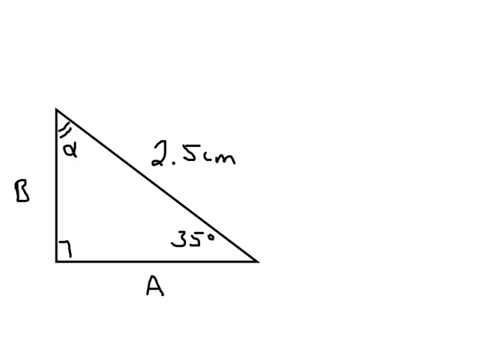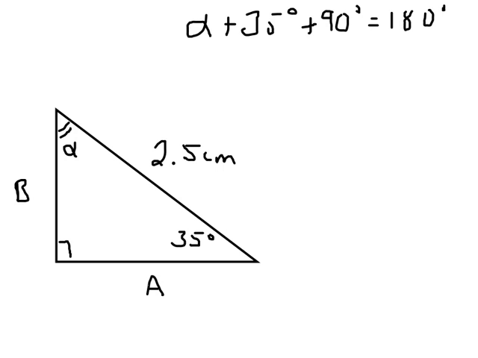Let's start with the angle. In some ways, that's the easiest. Remember that if we add all the angles together, so whatever this angle alpha is, plus 35 degrees, plus 90 degrees, it all has to equal 180 degrees.